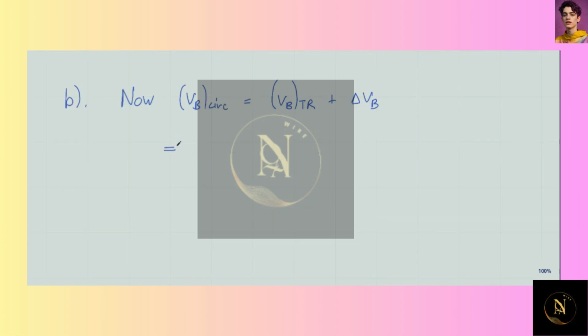So if we rearrange this equation and make delta VB the subject of the formula, we get delta VB is equal to 1,535.5 minus 1,551.3 meters per second, and hence we get delta VB to be minus 15.8 meters per second.